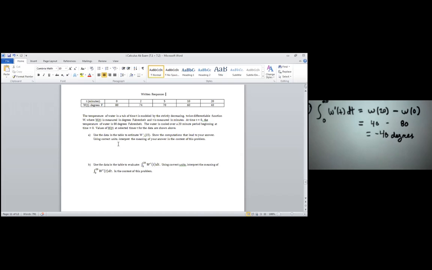That's an interesting interpretation. Using the data, evaluate that. It's still going from, I guess what I'm getting at is, if you look at the table, the end result of this is still going from 80 to 40. So it's got to be something about cooling off. Let me read it to you word for word. Give me 1 second so that we're on the same page.